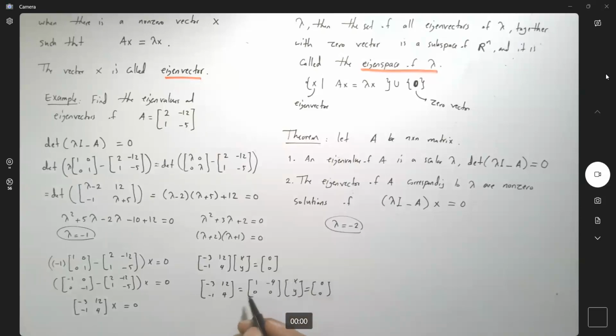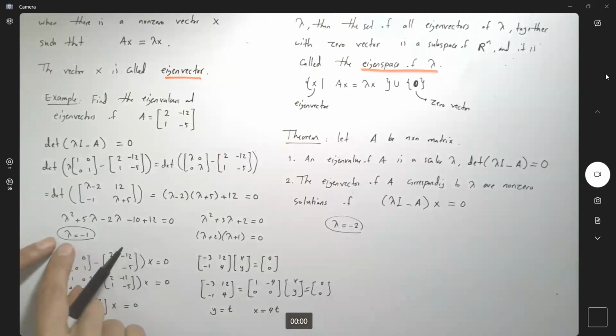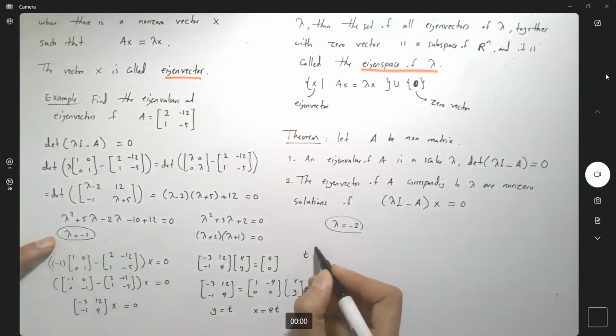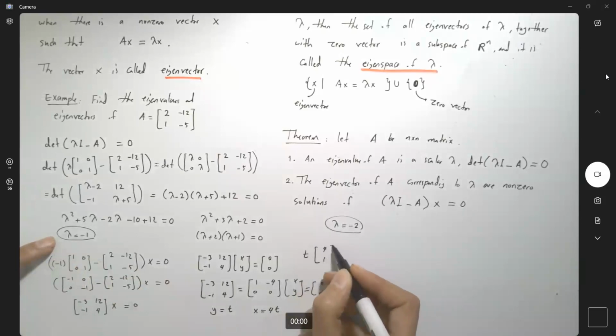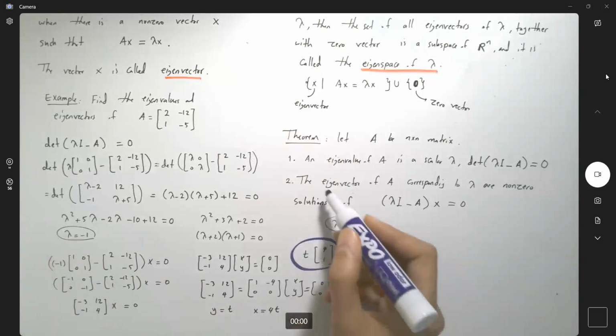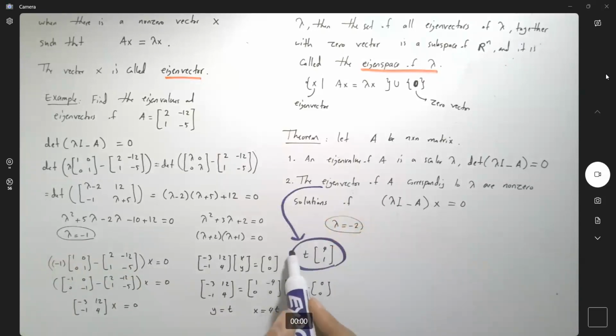So suppose y is equal to t, so x becomes 4t. All vectors related to eigenvalue -1 are in the form of t times the vector 4 and 1. So let's just circle this. These are your eigenvectors for eigenvalue -1.